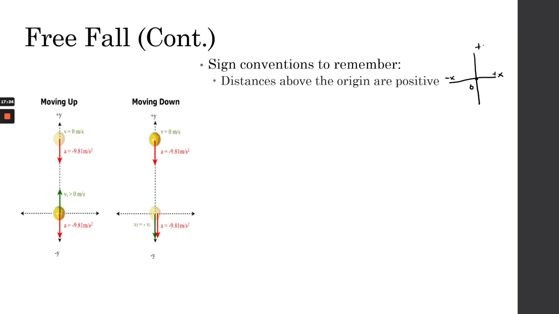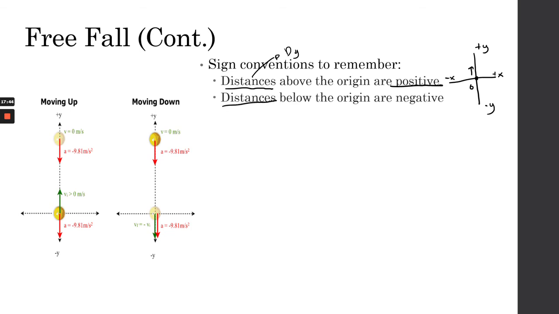And we know that this is positive y and negative y. All the distances, or basically displacement dy, above the origin are all going to be positive. Remember that? All the distances, or the dy, below the origin are all negative.